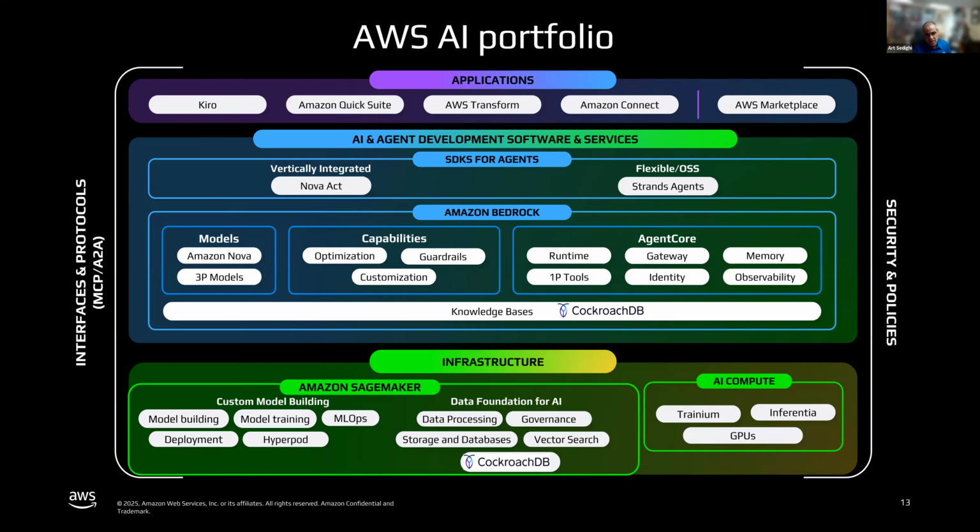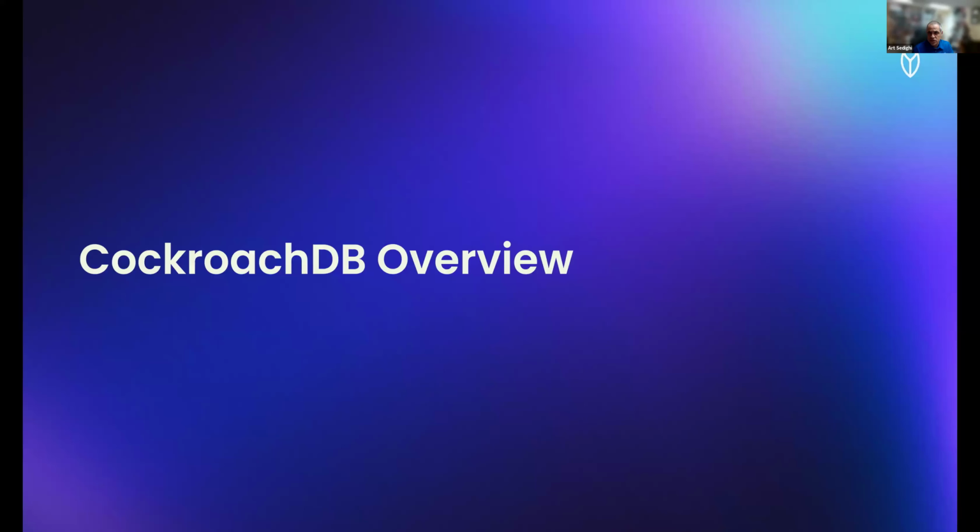We've been building secure, resilient, global infrastructure for decades, but now we're using that infrastructure to build an agentic AI platform. To that end, I will pass the torch back on to Harsh to talk to you about CockroachDB.